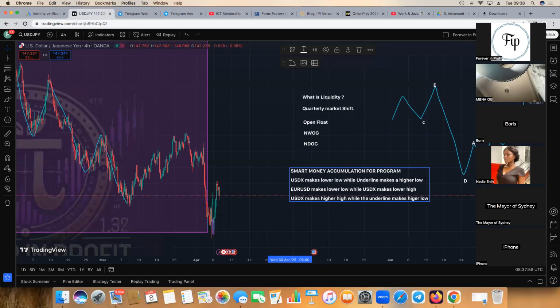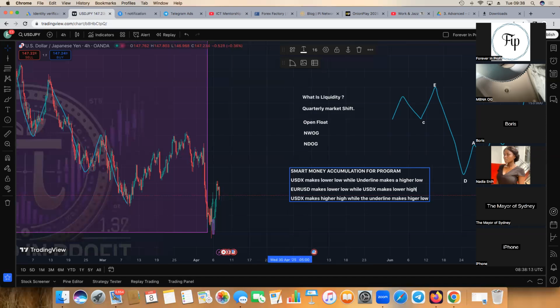All right. So this is literally how you could use the dollar index to your advantage to make this analysis make sense.